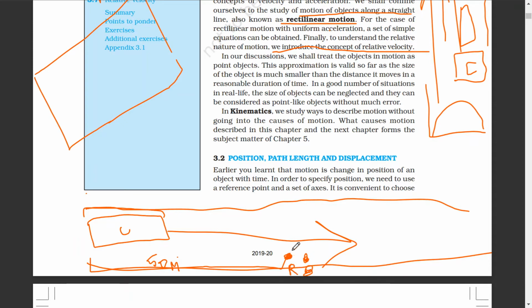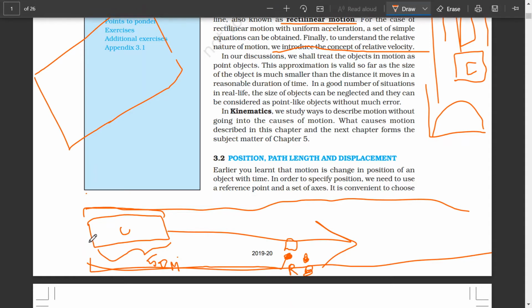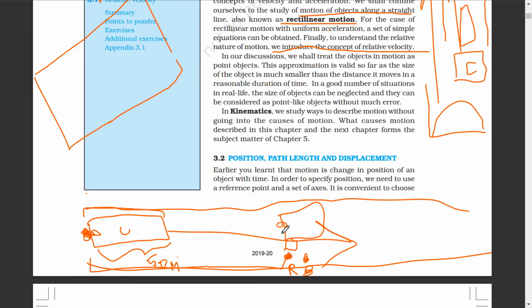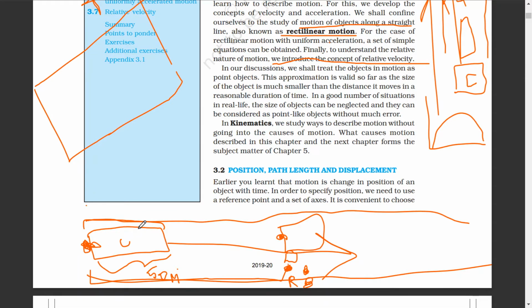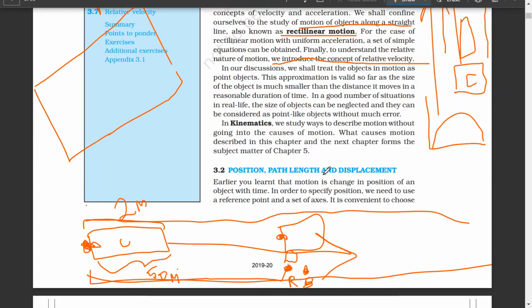So when the car comes over here, now you have to take how long the car is, because the car will also have some length. So they are asking how much time will it take for this point of the car to cross the point R. So it means you cannot take when it comes 50 meter, the car will come over here, right? So that you don't have to take. When the tail of the car crosses the point R, then you can call it. So how much total distance does it have to travel? If the car is around 2 meter, then you have to travel a distance of 52 meter, not 50 meter. Very important.